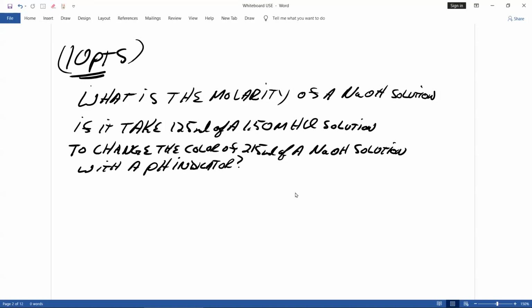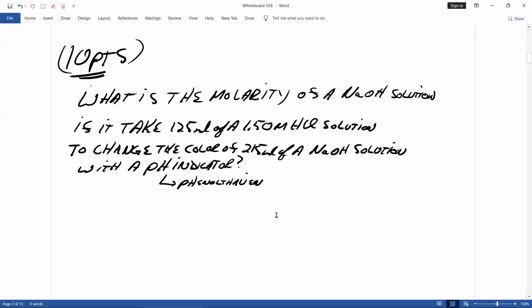All right, 10 points. What is the molarity of a NaOH solution if it takes 125 milliliters of a 1.50 capital M HCl solution, you know that's molarity, to change the color of 215 milliliters of a NaOH solution with a pH indicator? And sometimes I'll put instead of that, with phenolphthalein, or I might say a phenolphthalein pH indicator.